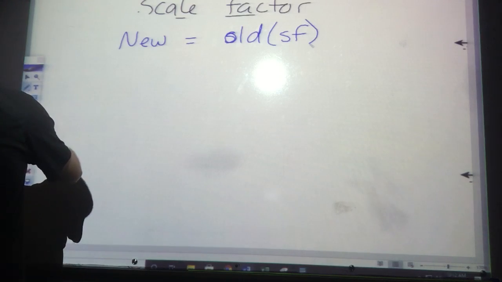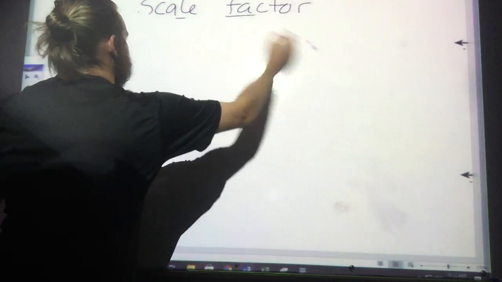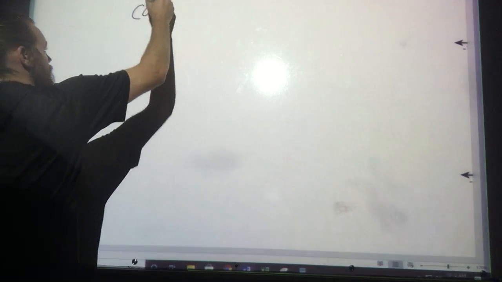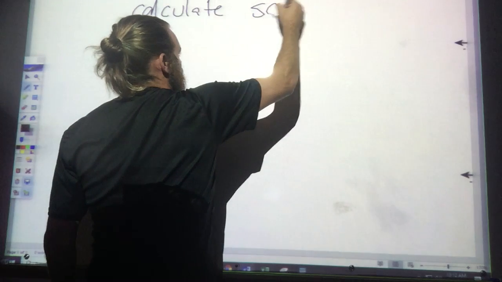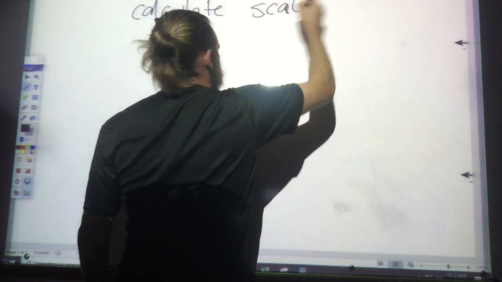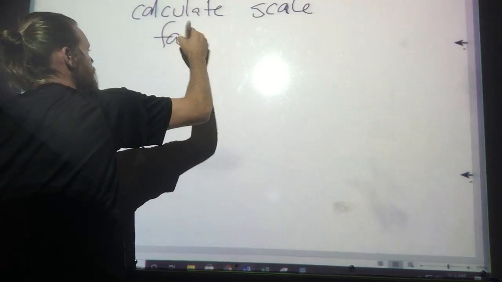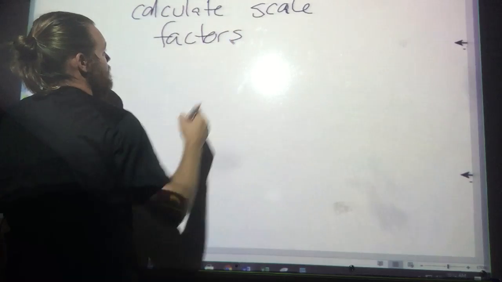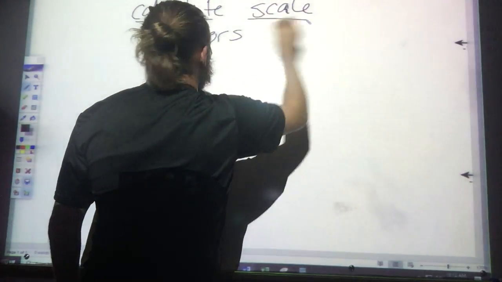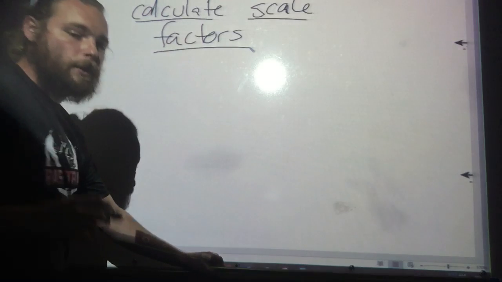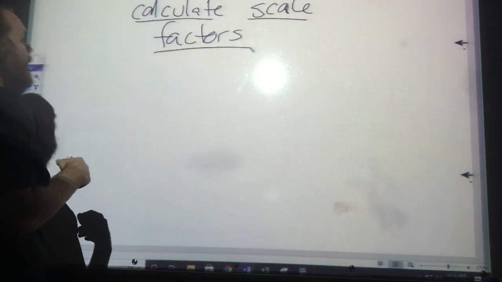All right. Now, let's calculate a scale factor. To calculate a scale factor, you just go backwards from what you just did. So to calculate scale factors, there's a real simple, easy formula I use every year.